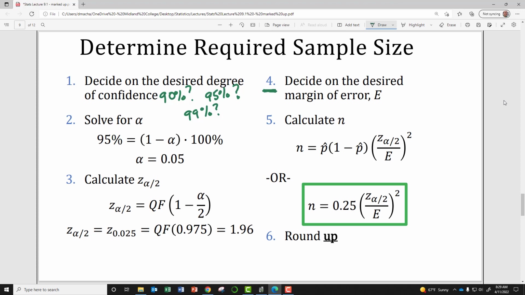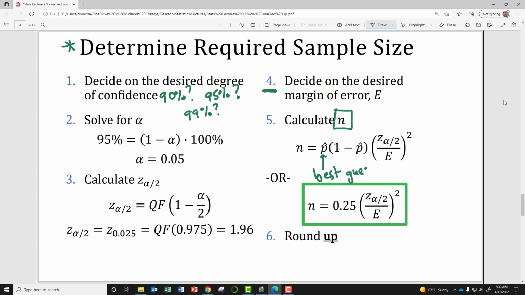Step number 5 is to calculate your n value. So n is our sample size, and this is the whole idea that we're talking about here: how do you determine the required sample size? Well, lowercase n is our desired sample size. And one way you could do it, if you already have a really strong idea of what that proportion should be, then where it says p hat, that's where you're going to put your best guess.